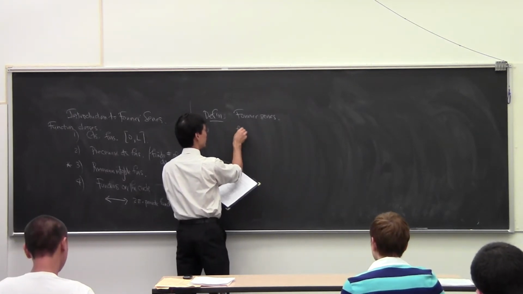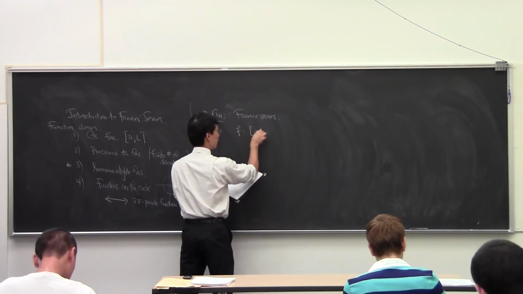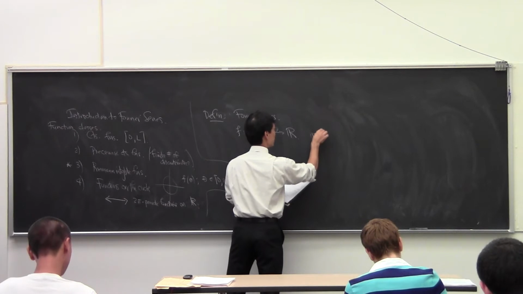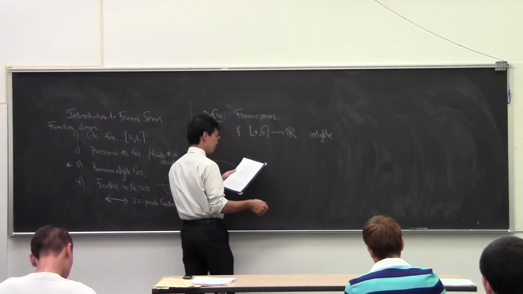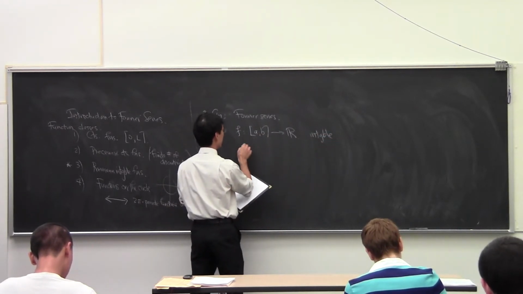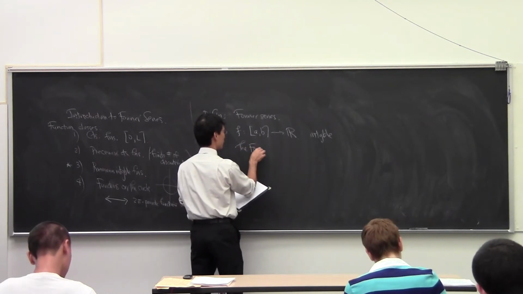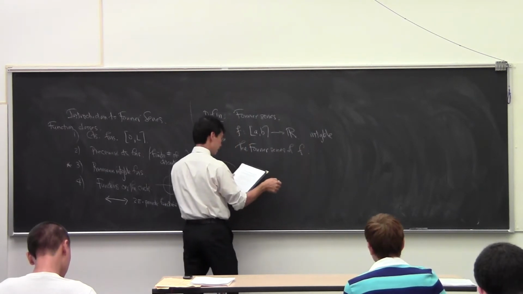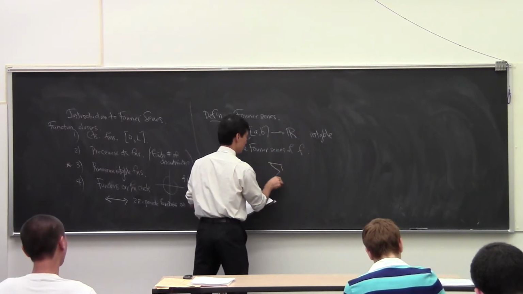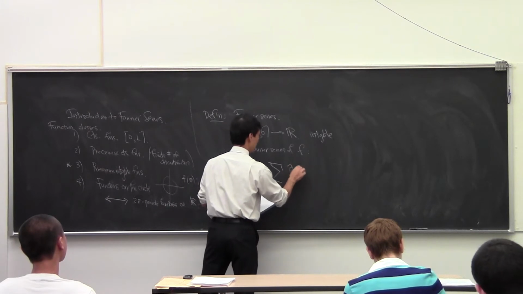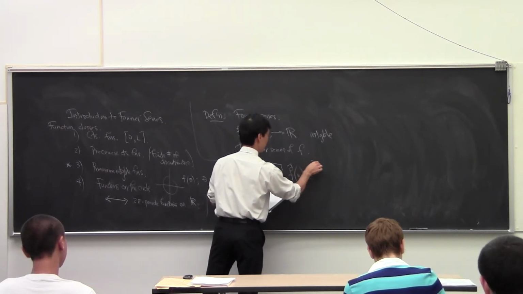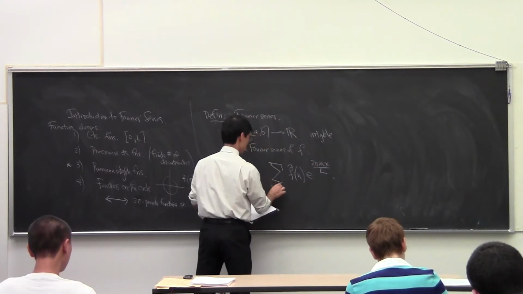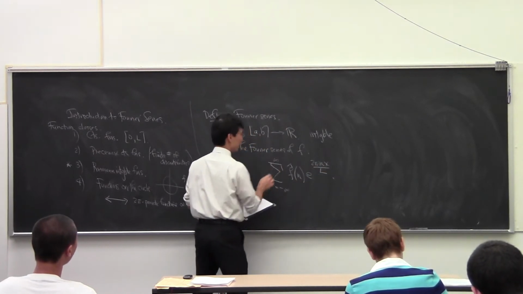Given an integrable function, so you have some integrable function on an interval, so Riemann integrable, which we'll just always call integrable, we define the Fourier series. The Fourier series of f is defined as the summation of f hat n e to the 2 pi i n x over L, as n ranges from negative infinity to positive infinity.